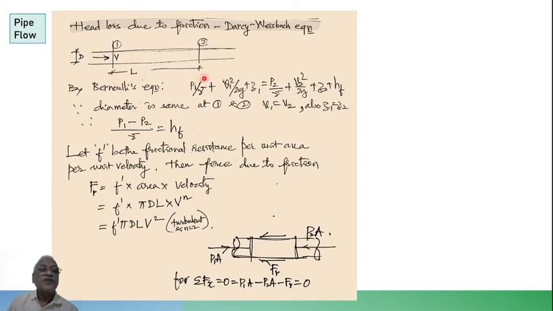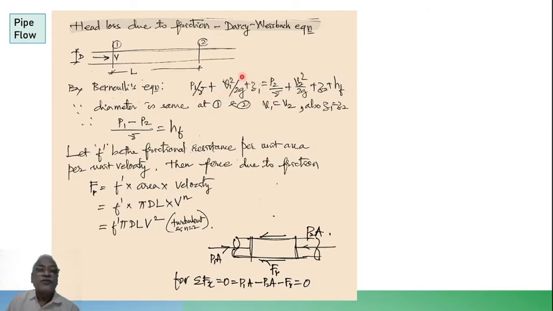The spacing between 1 and 2 is length L, and it is kept horizontal. Now by Bernoulli's equation, the total energy at section 1 should be equal to the total energy at section 2 plus the energy loss. Because it is a real fluid, we have to consider loss due to friction. That's why there is HF or HL, head loss due to friction.